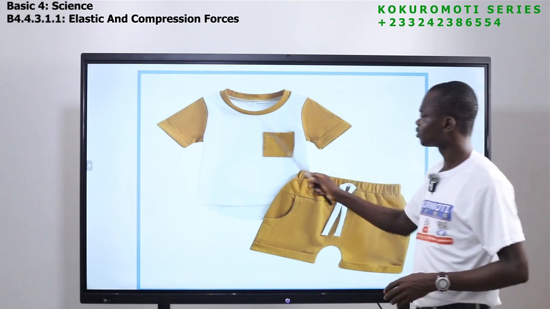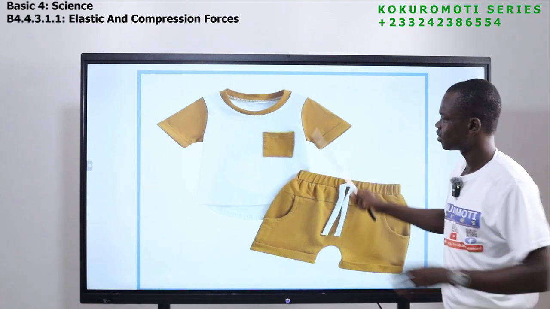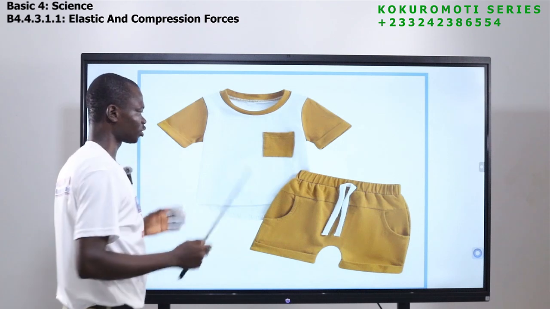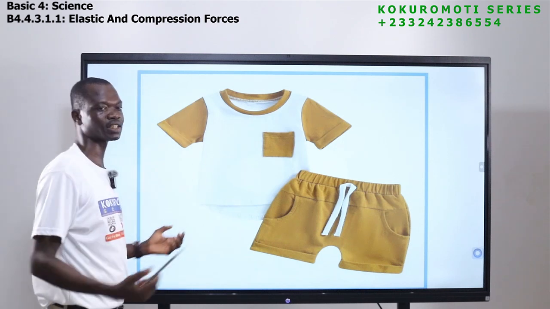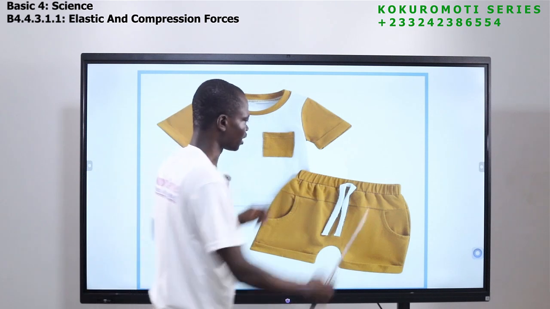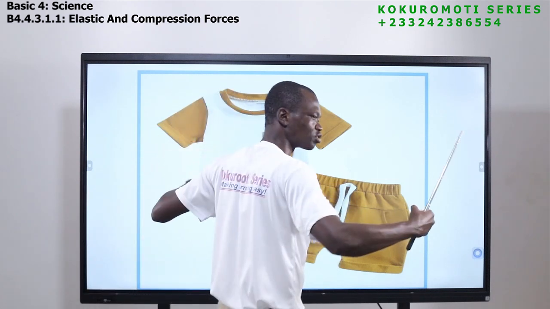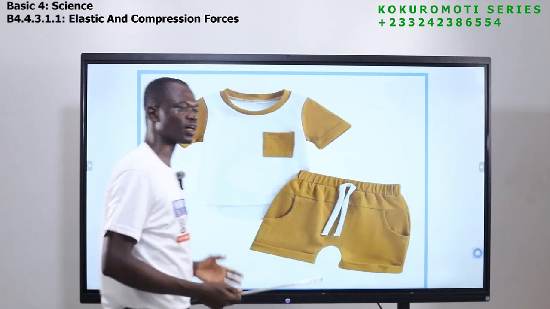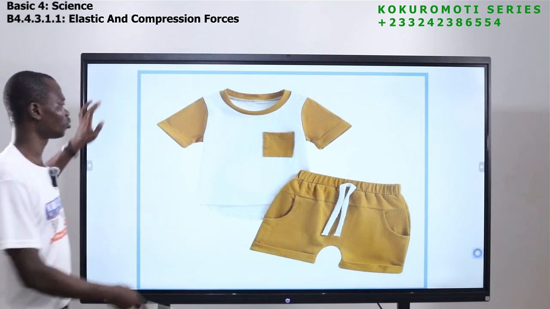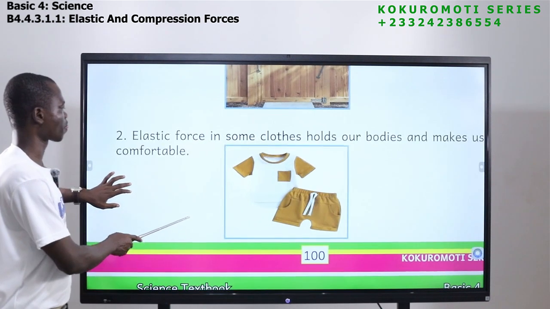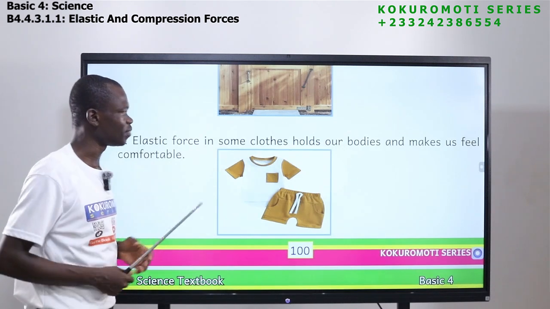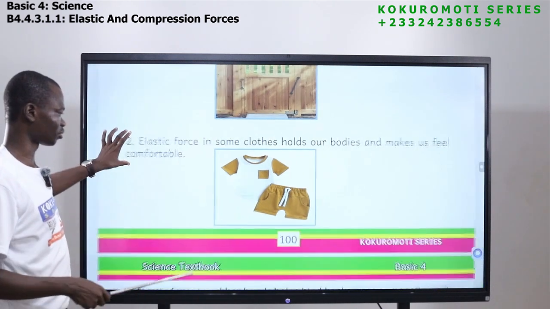The same thing is here. If you wear this material, it will fit you, or you can stretch it, and when you stretch, it will come back to its original size. Here, the waist you can stretch, and when you release your hands, it will come back to its original state. So we say that elastic force in clothes holds our bodies and makes us feel comfortable.